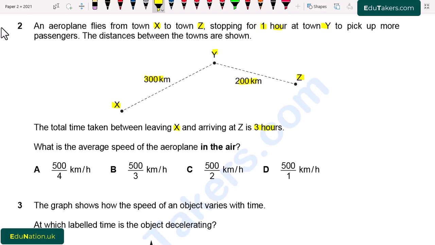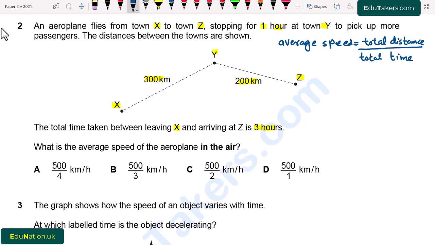Here we have to find the average speed. Average speed will be equal to total distance divided by the total time taken to cover that distance.